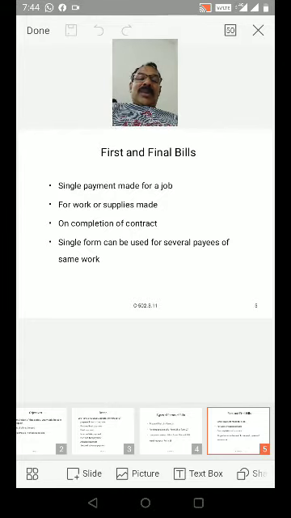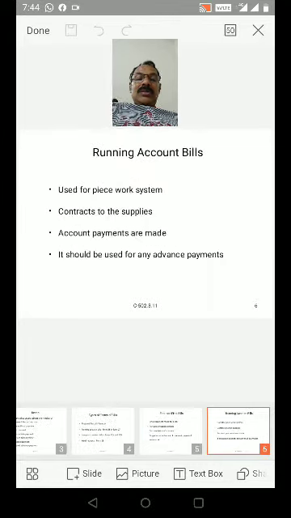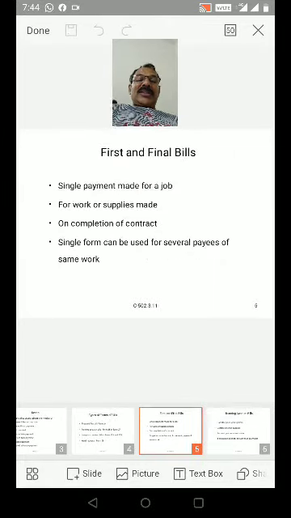Single form can be used for several payees of same work. That is in the case of first and final bills.